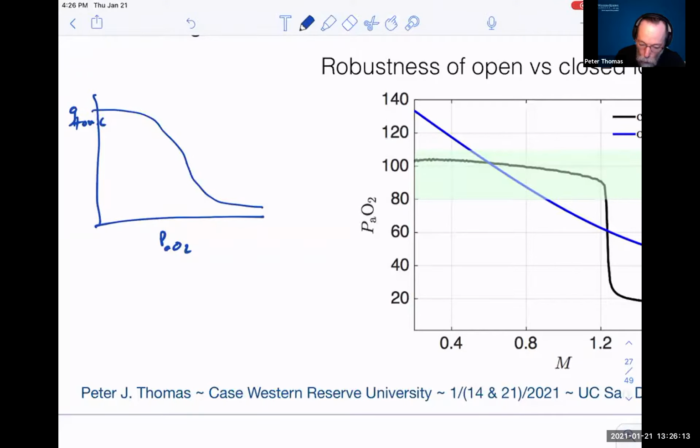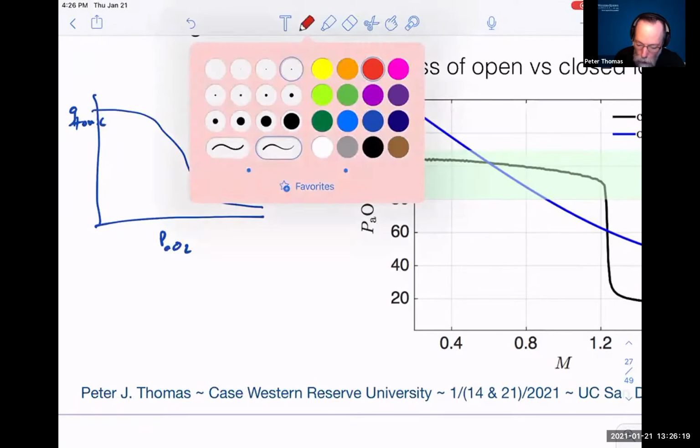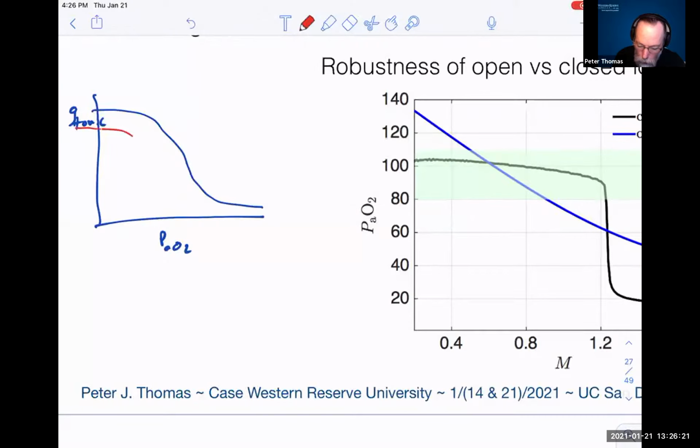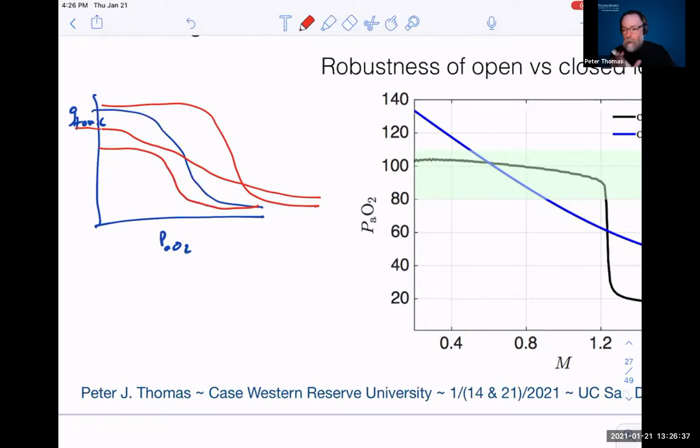So what would a reduction in gain mean? Well, there's a couple things that could happen. You could just have a shallower slope for the sigmoid, or you could shift the sigmoid to the right or to the left, or you could change the height. The sigmoidal transfer function has 3 parameters in it, controlling those 3 aspects.